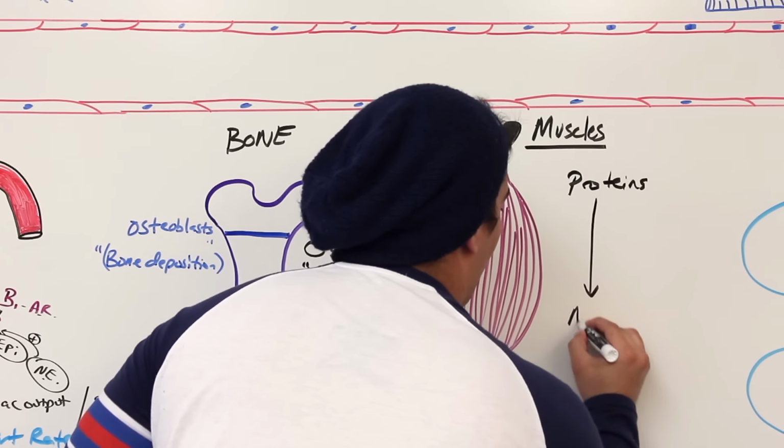Thyroid hormone is regulating the activity of both of these to keep them, again, in a nice balance. So what is thyroid hormone doing here? Thyroid hormone is stimulating anabolism, and thyroid hormone is also stimulating catabolism. So it's modulating the activity between these two pathways.